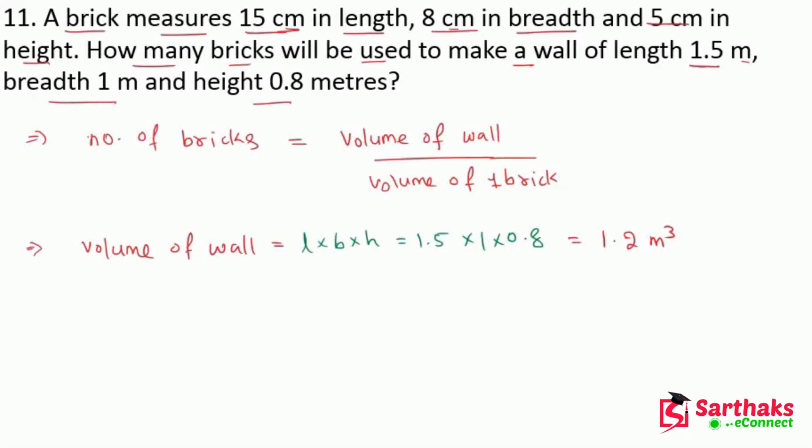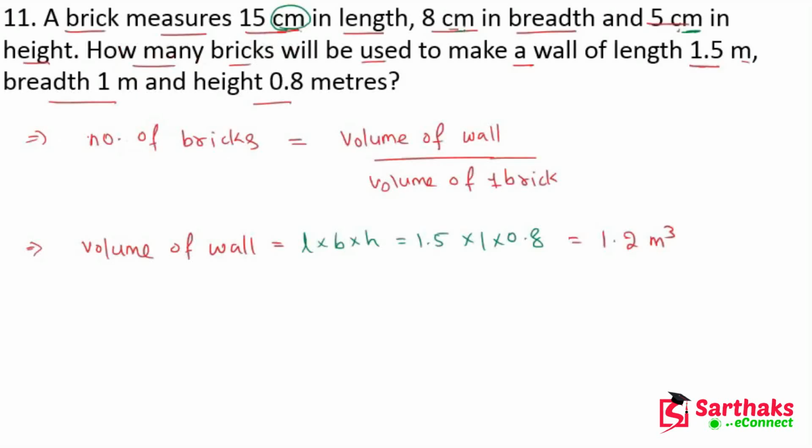Now you can see in the question we have the length of brick as 15 centimeter. Now we have to convert this centimeter into meter. Same, we have breadth in centimeter, so again we have to convert it into meter.